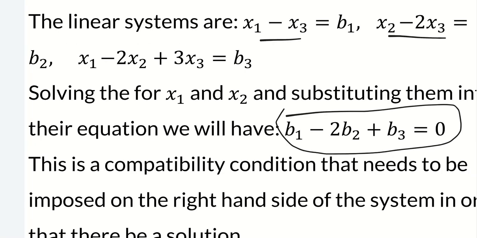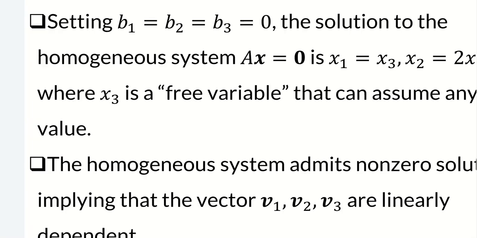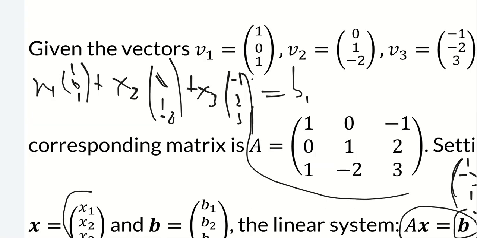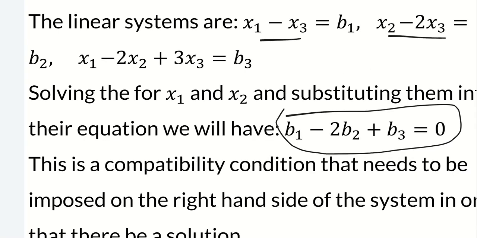Now, if you look at it also, we are going to find out that some of the variables, or the unknowns, we refer to as free variables. If you set all the B to 0, we are getting what? Homogeneous, right? That means everything over here is 0, and we are back to the homogeneous linear system.